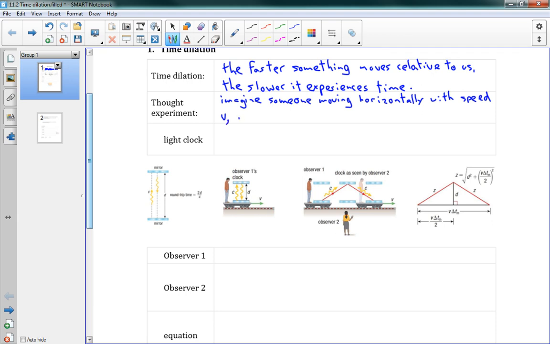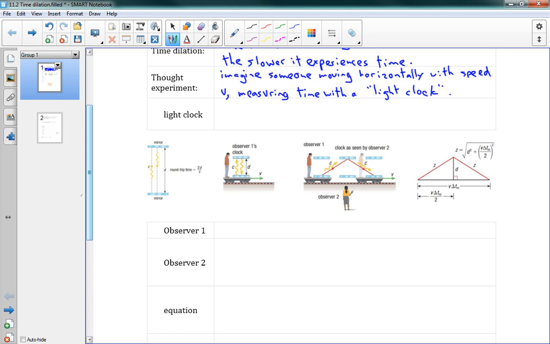And they are measuring time with a light clock. So this is going to be a clock that measures time using light.